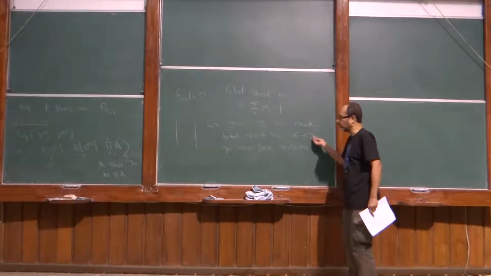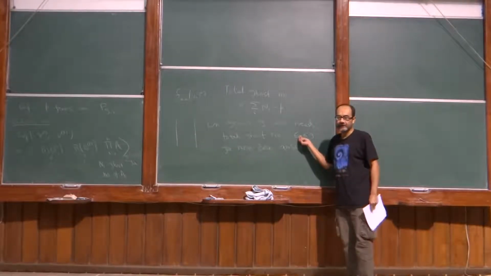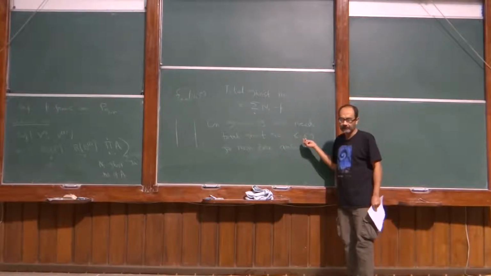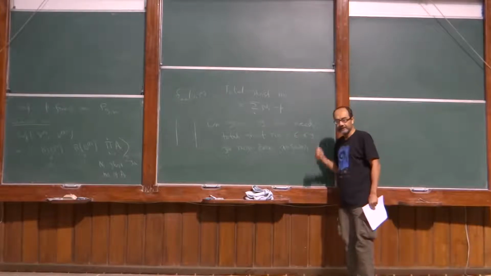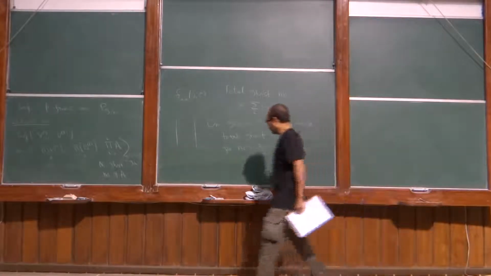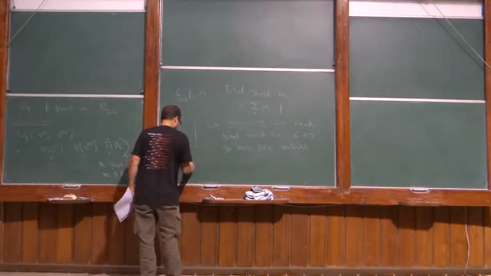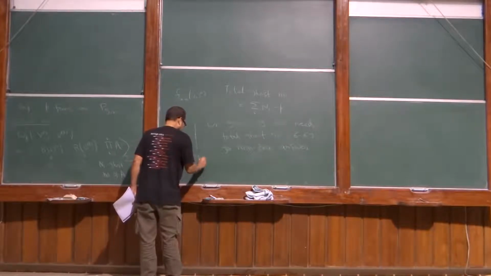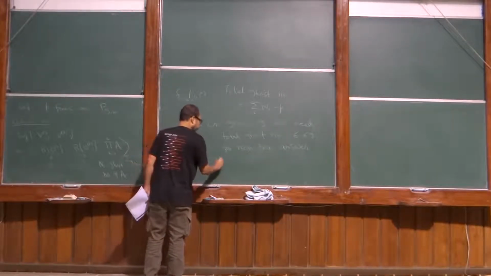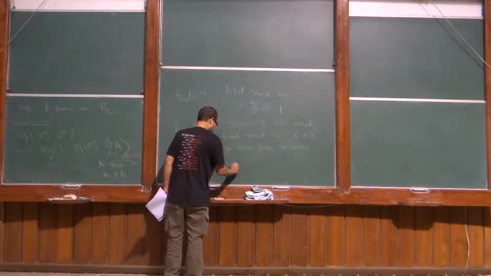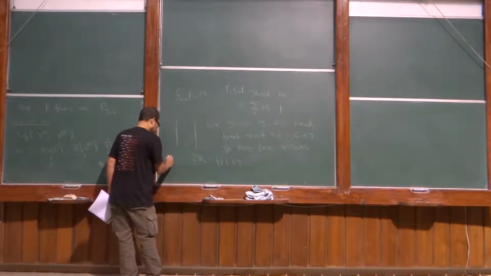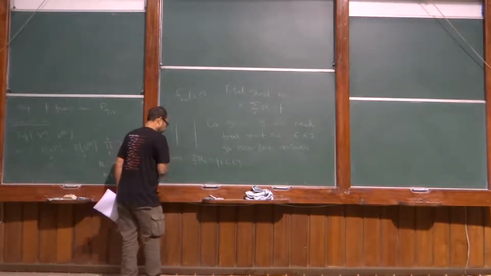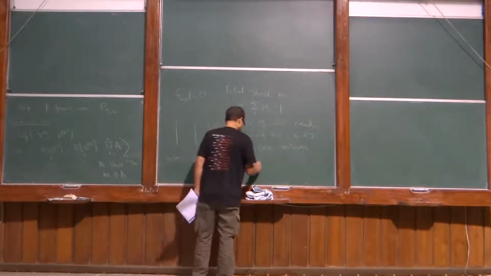For g equal to 0, this number is 6. This you have seen already. On the sphere, the total ghost number that is required is 6. But the general formula on a genus g is that the total ghost number needs to be 6 minus 6g. So this tells us that the sum over i of N_i is equal to P plus 6 minus 6g.